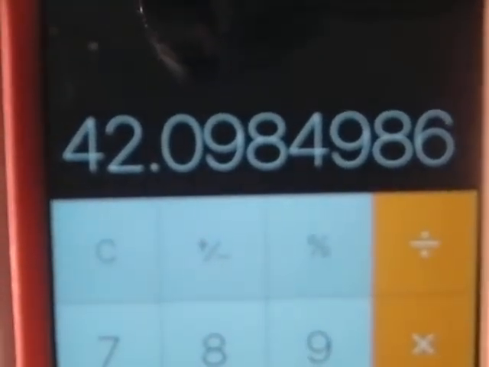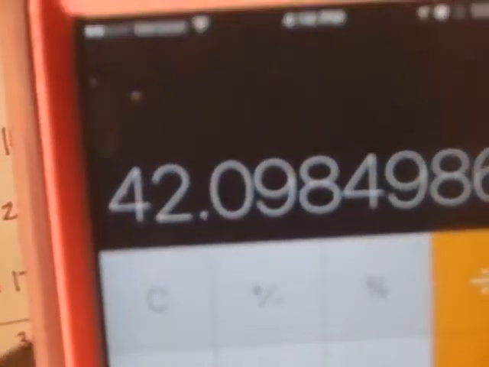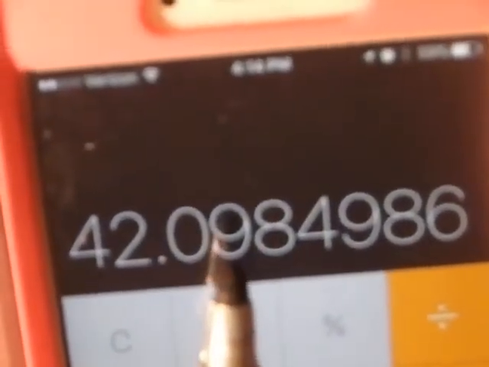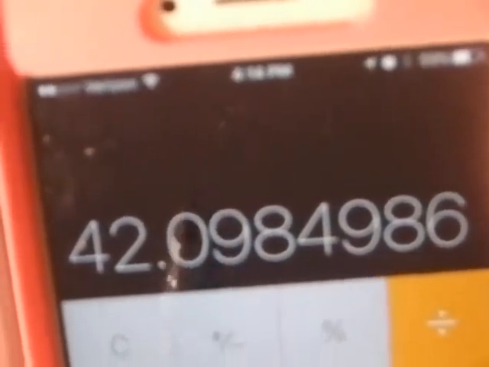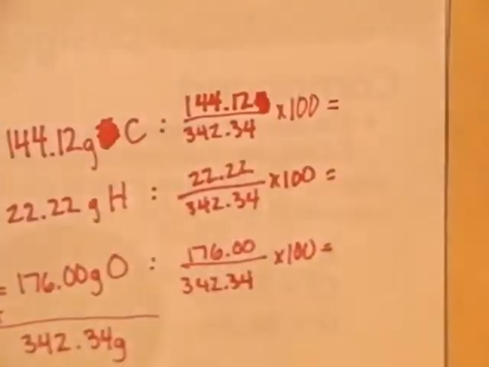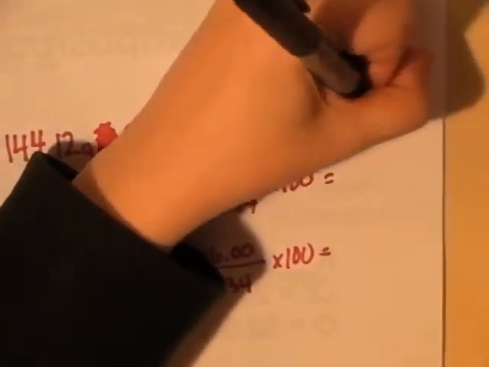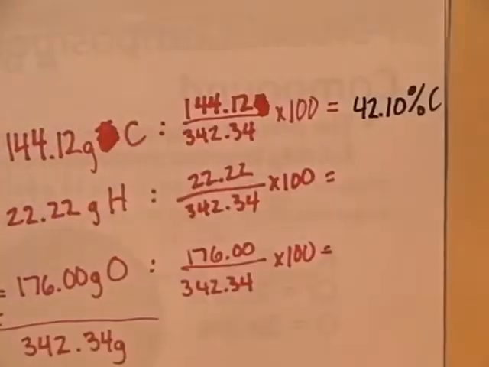What would we round that to if we're rounding to 2 past the decimal? Well, notice the 8 is where we're going to round, right? The 8 rounds the 9 up to 10. So this would have to be 42.10% carbon. 42.10% carbon is the first part of our answer.